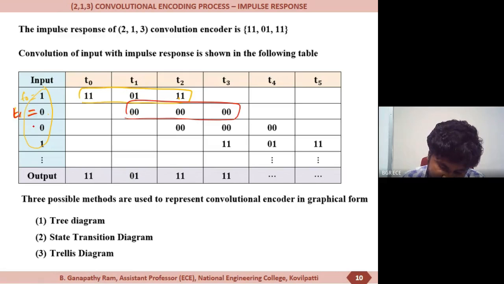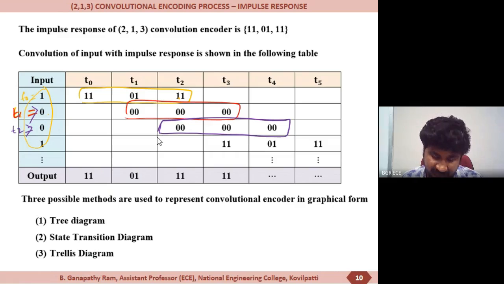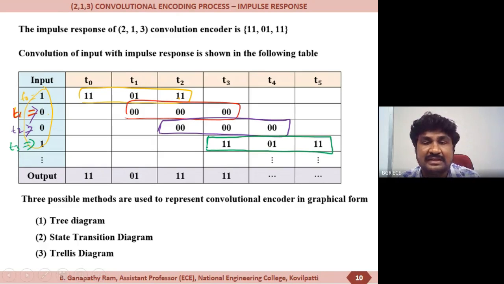And at time t2, the input is again 0. So again zeros are loaded. And at time t3, the input 1 is loaded. So the impulse response is represented from the time slot t3. Now you can do the modulo sum of all these corresponding entries in the table.